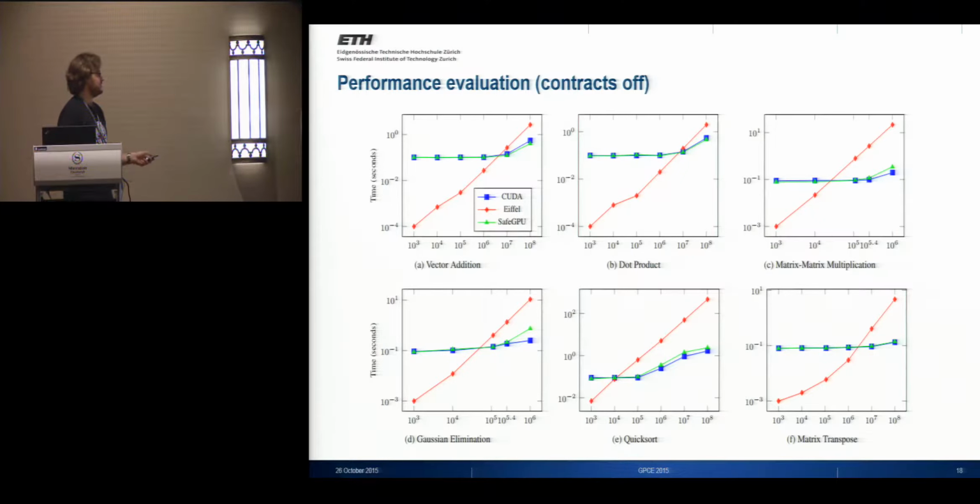So overall, it's pretty on par. It behaves no worse than CUDA for most of the examples. Is it better than sequential computing? It depends on your problem size and your problem complexity. For matrix multiplication, it's almost always better to use GPUs. For vector addition, yeah, it depends.